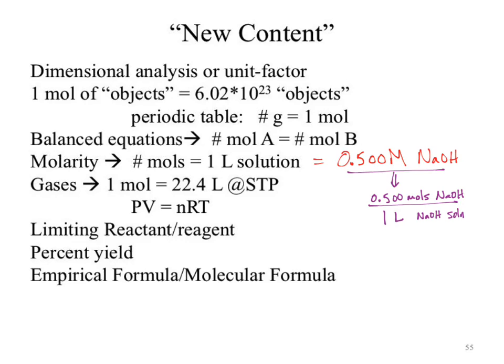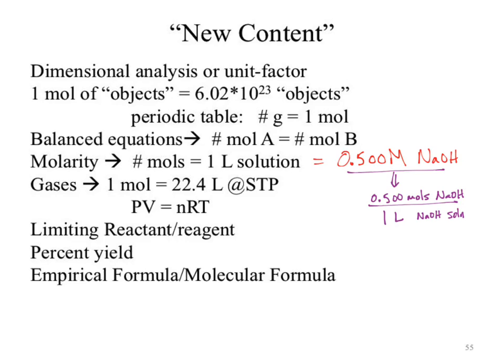PV equals nRT is really what you should be using, but you aren't really tested on PV equals nRT this semester. You're more tested on that mole to liter ratio. PV equals nRT will always work for an ideal gas. The mole equals 22.4 liters does not always work. So the test will only be handling ideal gases?